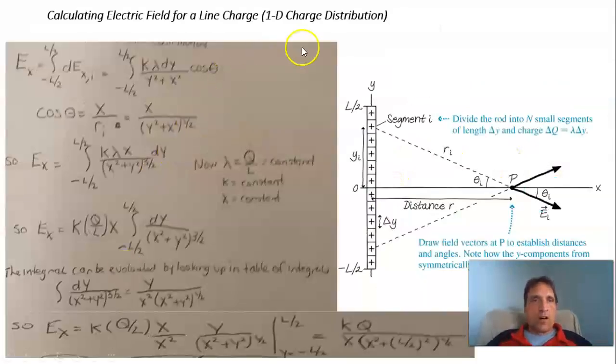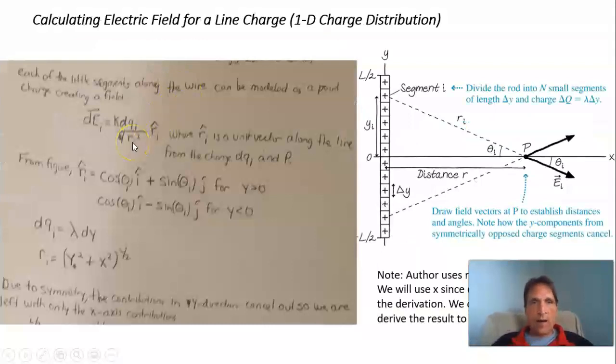So let's plug all of these in. We get that the x component of the electric field is the integral from y equals negative L over 2 to y equals L over 2. And k is the constant. λ dy is dq. Δq is charge per length times the length. The square of the distance is in the denominator, right?